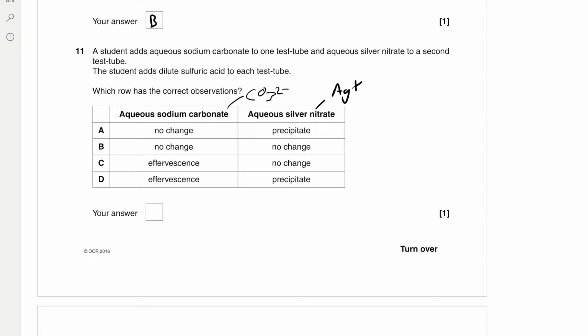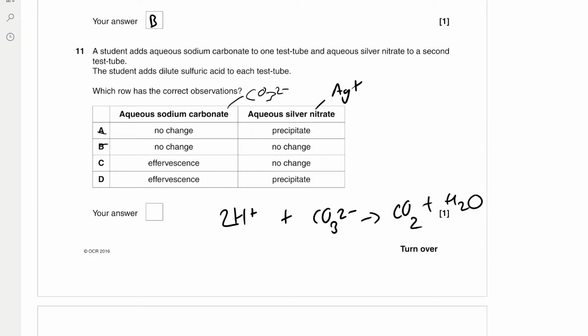The student adds dilute sulfuric acid. So when we add an acid to a carbonate, we expect CO2 to form, which is a gas, so it must be C or D. It can't be A or B because there's no change, there's no effervescence, even in the presence of a carbonate and an acid.